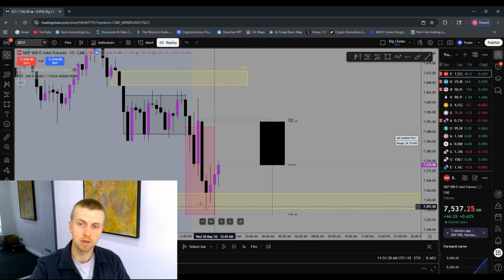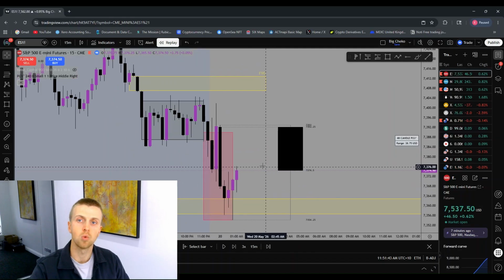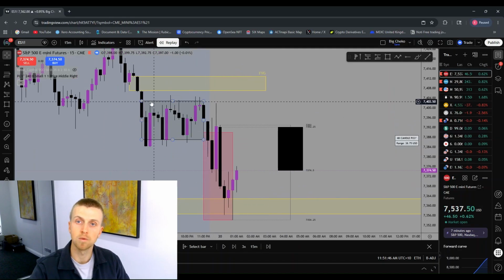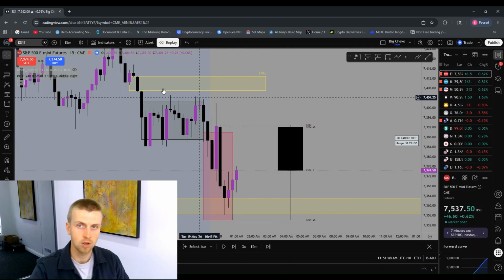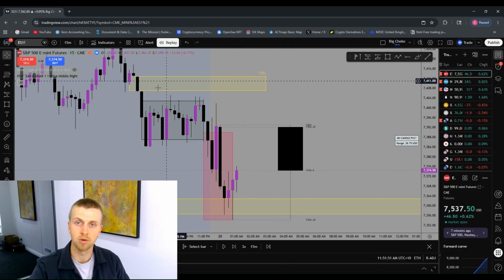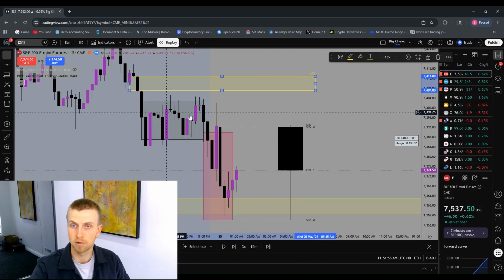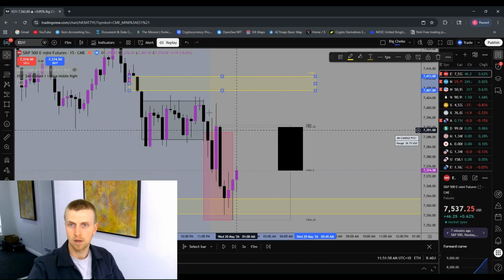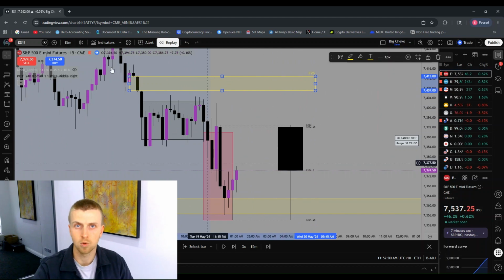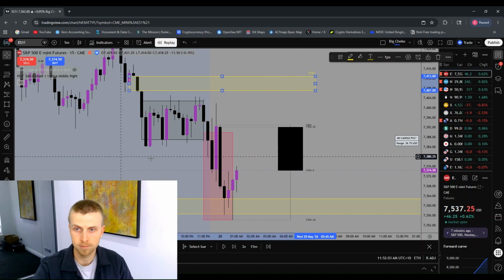Now, once we've seen this and we've seen a strong respect of the 15-minute fair value gap, we would be anticipating a move to take out the accumulation high, or at the best scenario, we want to target the 15-minute fair value gap that's above the accumulation zone. So we drop back down onto a 5-minute time frame.